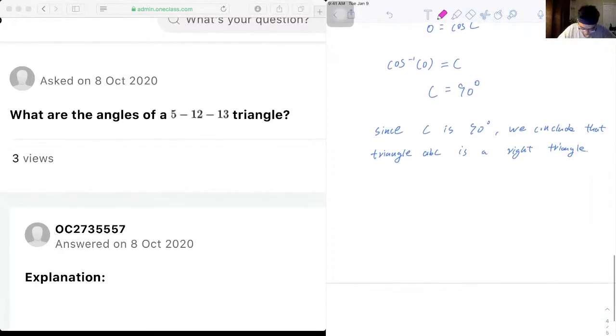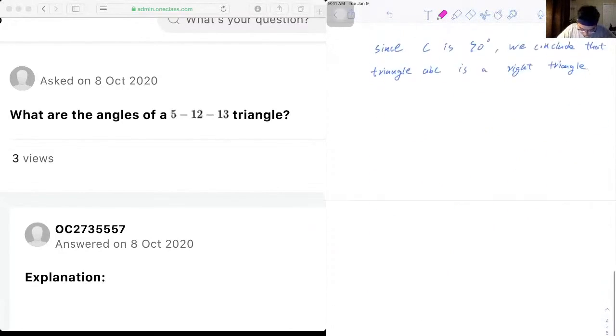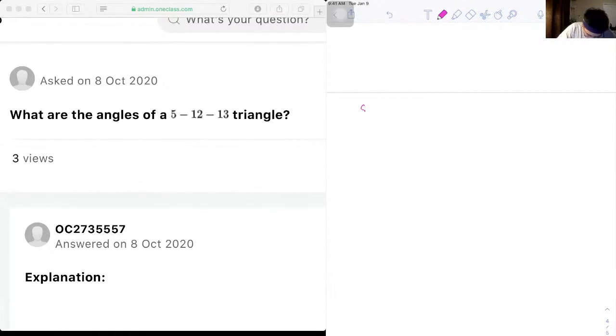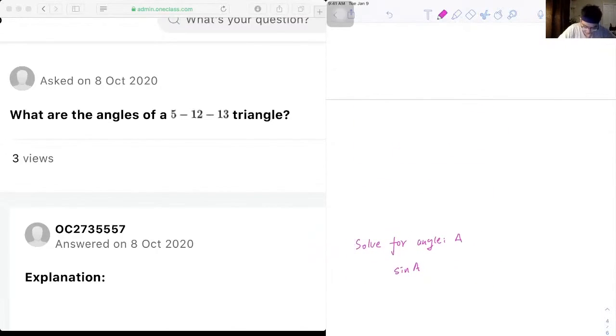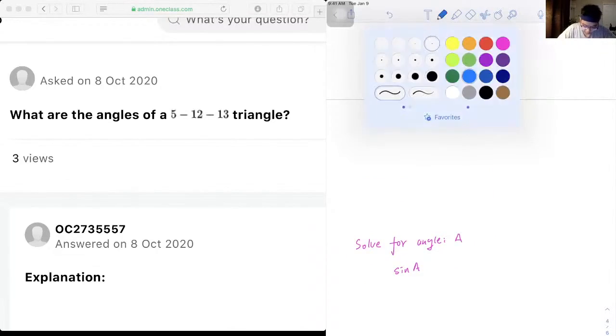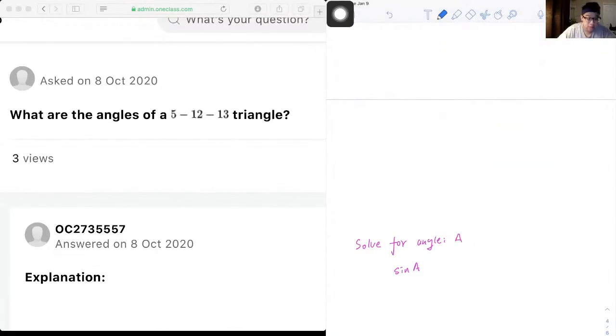Okay, so now we figured out the angle for C. Then let's solve for angle A. Before we solve for angle A, let's just review what the sine law is.